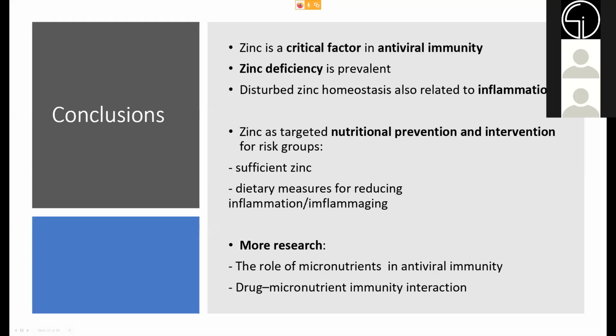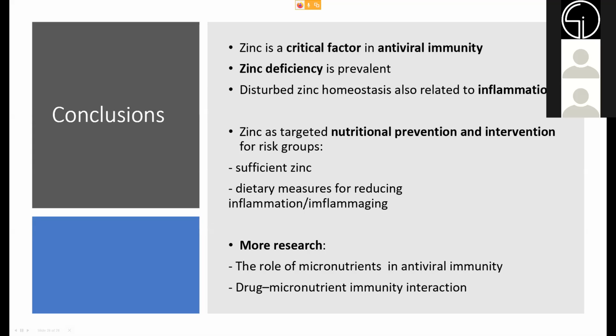So these are the conclusions. Zinc is a critical factor in antiviral immunity, and zinc deficiency is prevalent also in high-income countries. Unfortunately, doctors are not so much aware of that, and are not aware of the interaction of drugs with the zinc status of the patients.